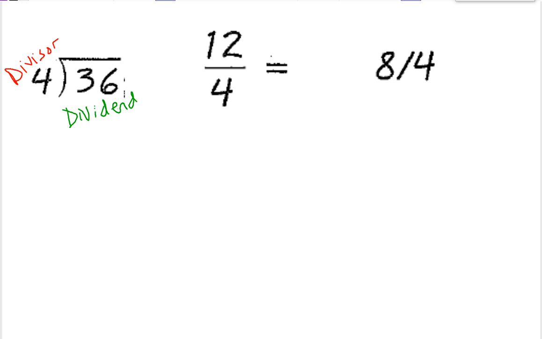With a fraction bar or a division bar, the dividend is the top number, and the divisor is the bottom number. And with the fraction bar sideways, or at an angle, the dividend is the first number, and the divisor is the second number.